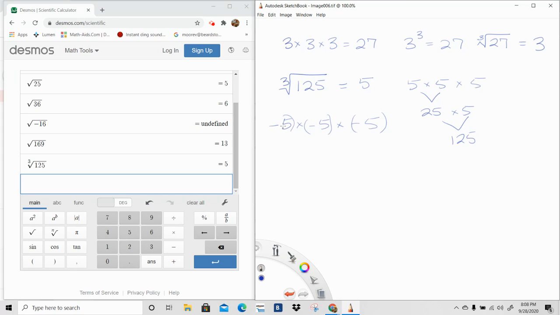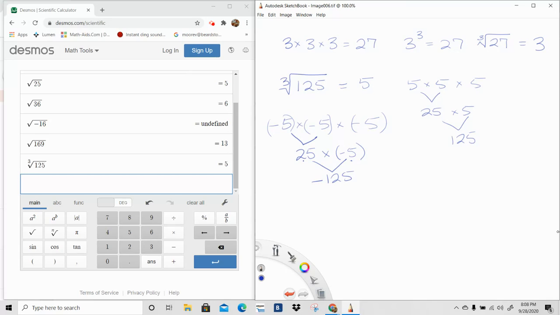Negative 5 times negative 5 gives me positive 25, right? Because a negative times a negative is a positive. But then we're multiplying it again times a negative. And a positive times a negative is a negative. So even though you cannot have a negative underneath the square root, you can have a negative underneath a cube root, and that is perfectly fine.